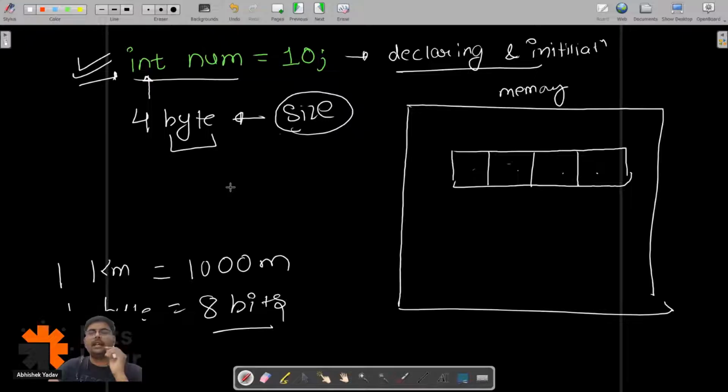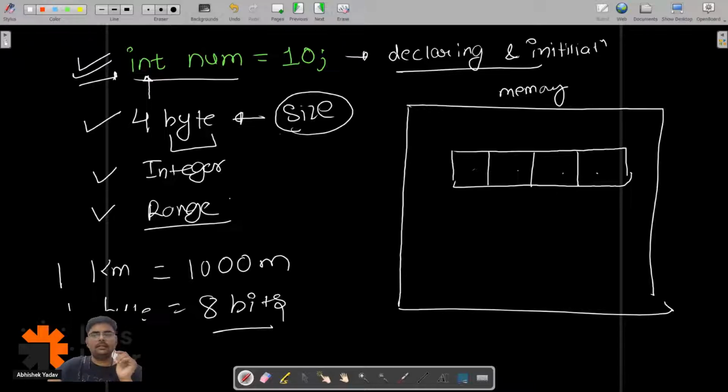Clear, everyone? After that, I am getting the information about what kind of data I can store inside this memory block. Here I can store integer kind of data. And here I have the range part. I will be discussing the range part after discussing these two parts. So now you have 4 bytes allocated inside the computer memory.